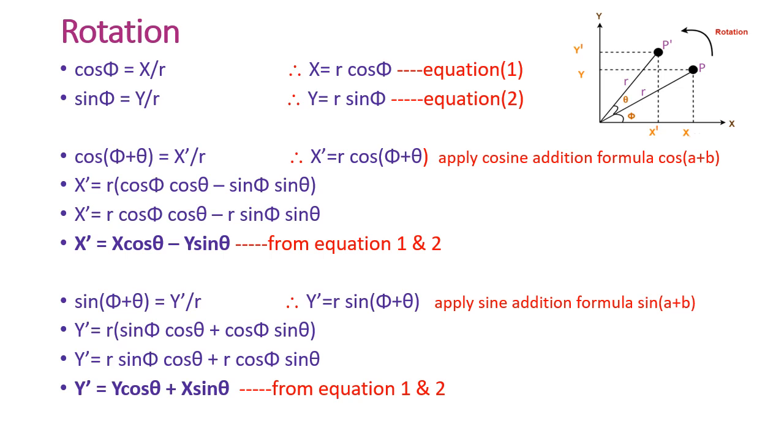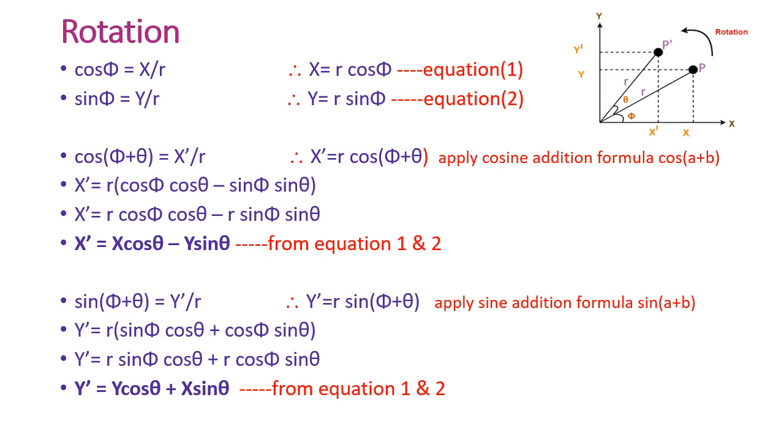So first we have to calculate cos phi and sin phi. So cos phi is equal to x upon r and sin phi is equal to y upon r. Now from these we calculate the values of x and y. So x is equal to r cos phi and y is equal to r sin phi.